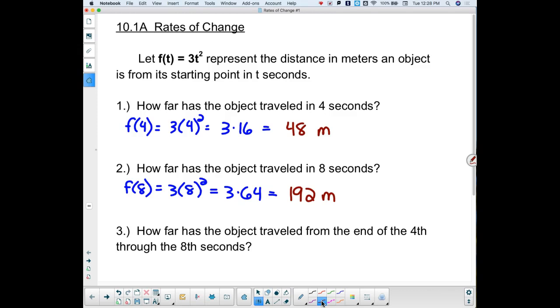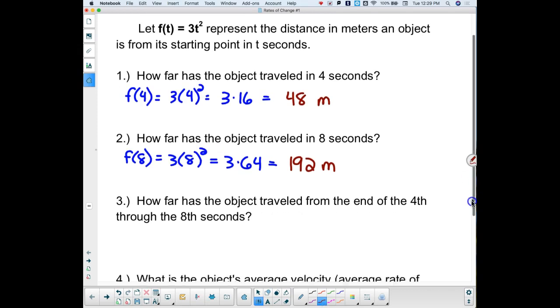Big question now. How far did the object travel from the end of the 4th second to the end of the 8th second? Okay, yeah, exactly. You subtract the 2.